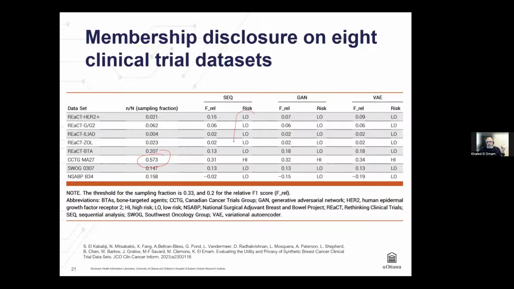But for all the other data sets here, membership disclosure was low across the board for all 3 types of generative models. So this was a large-scale evaluation of the utility and privacy risks, evaluated, I think, in a better way, because we looked at utility accounting for the stochasticity of the synthesis itself, and then we evaluated utility and privacy as well.